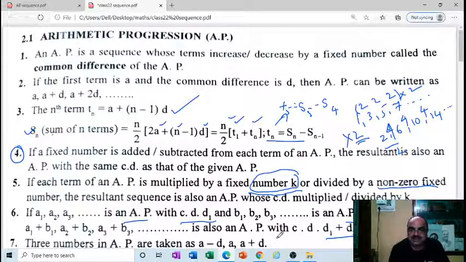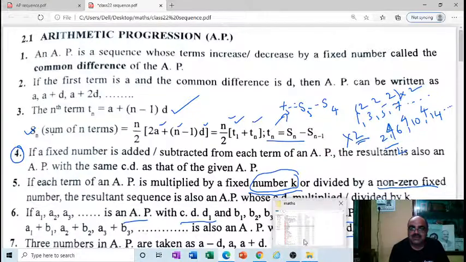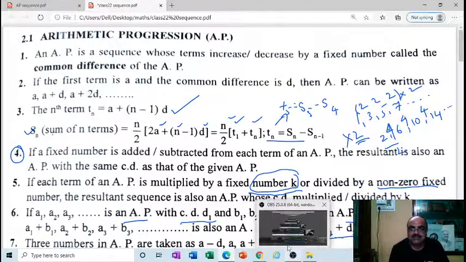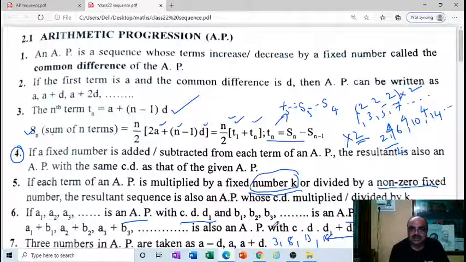A1 plus B1, that is 3, 6 plus 2, 8, 10 plus 3, 13, 14 plus 4, 18. Now what is the common difference here? It is 5. See here, 8 minus 3 is 5, 13 minus 8 is 5, 18 minus 13 is 5.